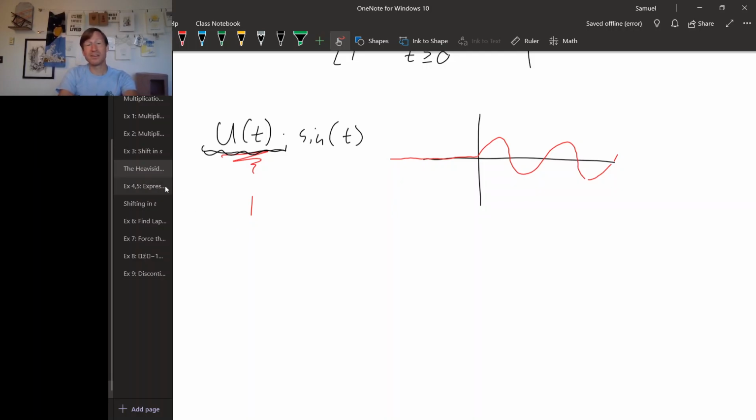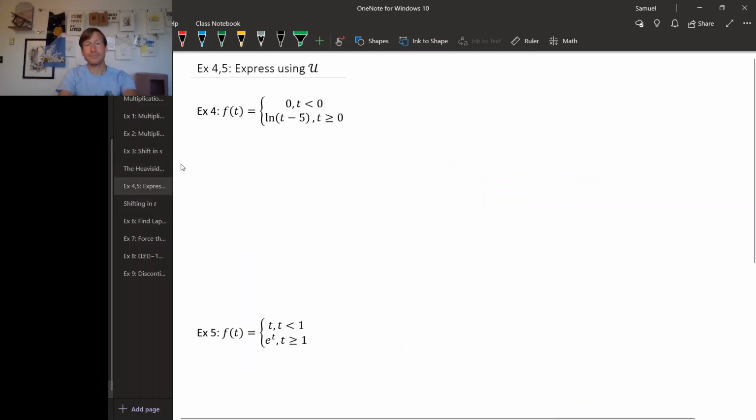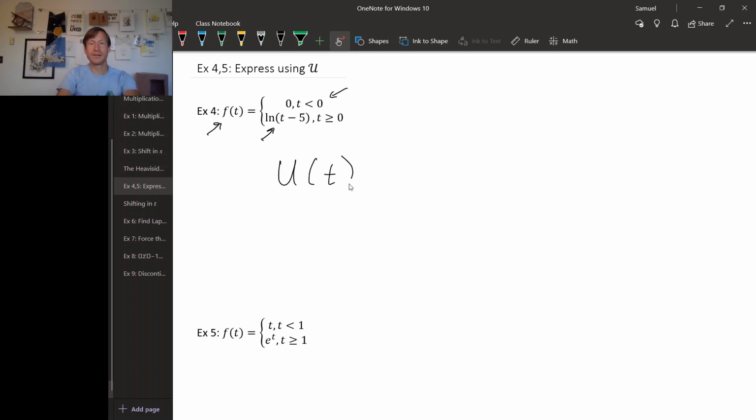So let's look at a couple examples of doing that. Let's express this piecewise function using our Heaviside step function. So this is 0 for negative t values. And then at t equals 0, it turns on and becomes natural log of t minus 5. So to turn on at t equals 0, that's what the step function does.